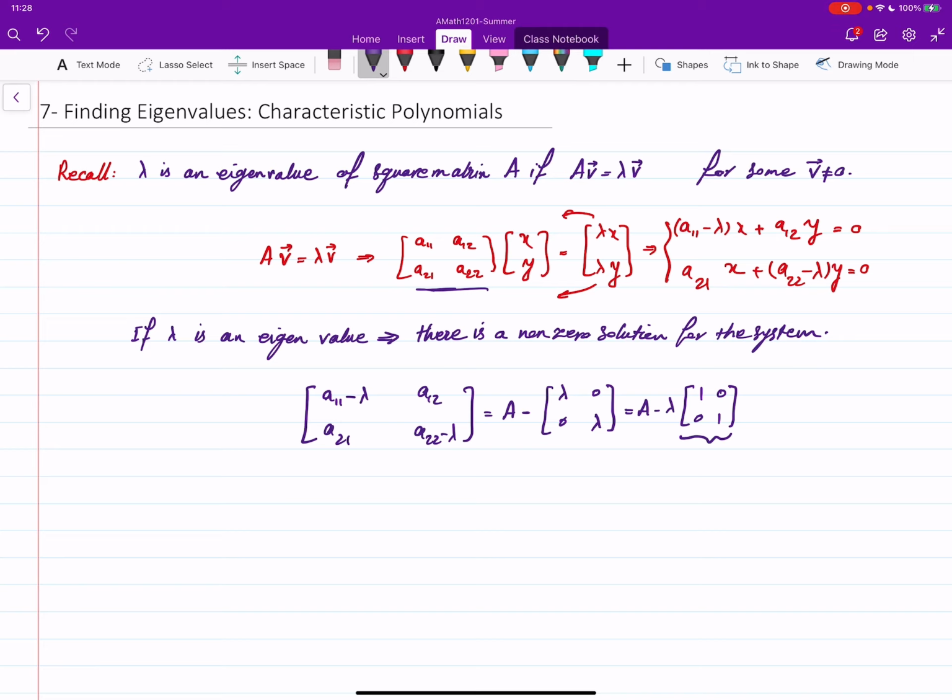This is a famous matrix. For any n by n matrix which has 1s on the main diagonal and everything else 0, we call it the identity matrix. So the coefficient matrix of this system is A minus lambda I. And so (A minus lambda I) times v is going to be 0 for some non-zero vector v.